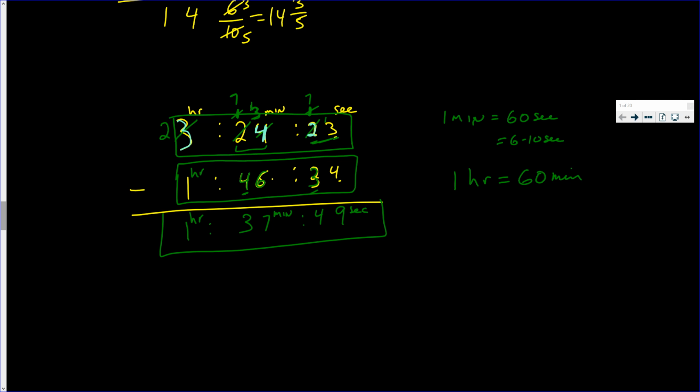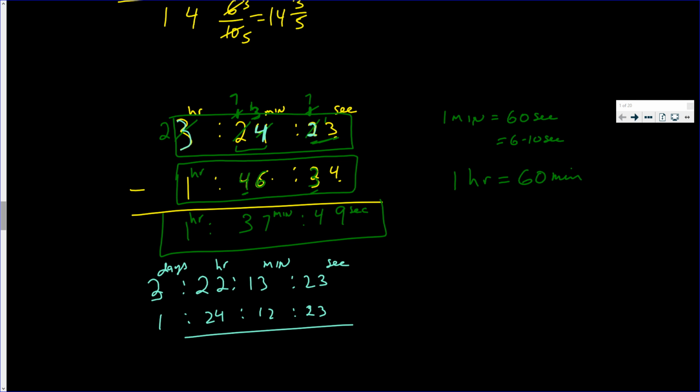And if you had, I don't know, 22 hours, 13 minutes, and 23 seconds, and 2 days. Make it 3 days. You want to take away 1 day, 21 hours, 12 minutes, and 23 seconds. But look, okay, so when you subtract the seconds, it's no problem.